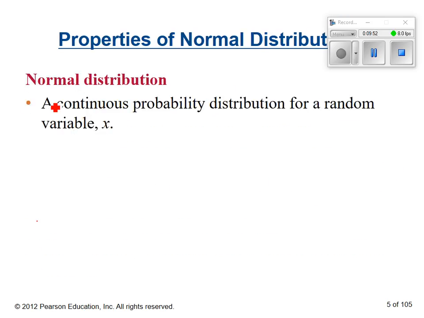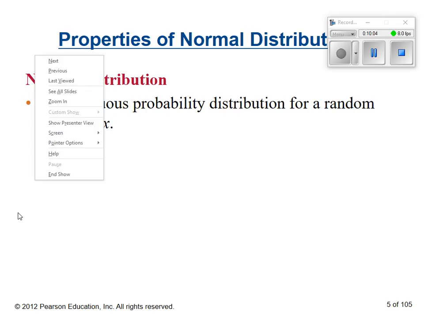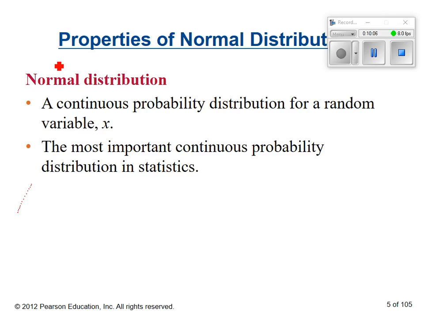A normal distribution is a continuous probability distribution for a random variable x. Same thing, instead of a discrete probability distribution, we're dealing with a normal distribution. It's the most important continuous probability distribution in statistics, the one that we use the most.